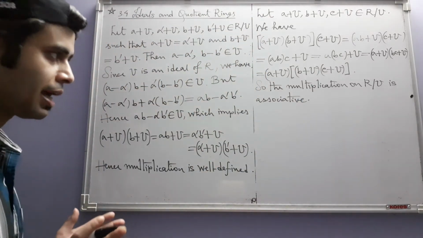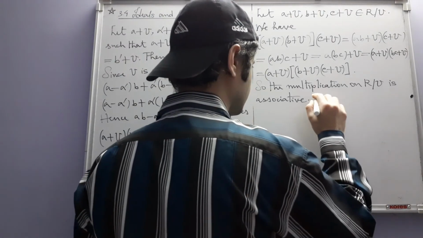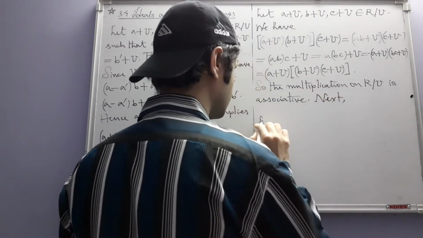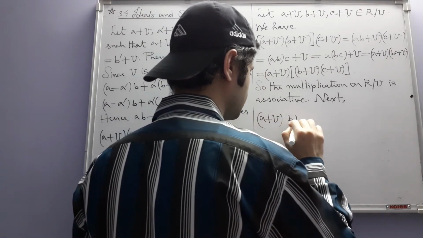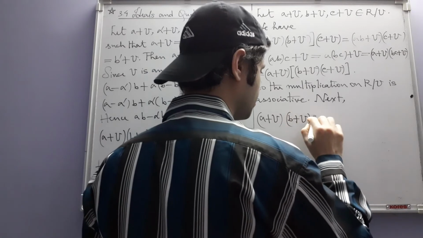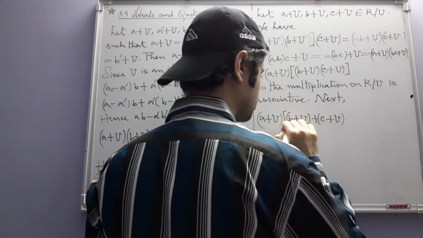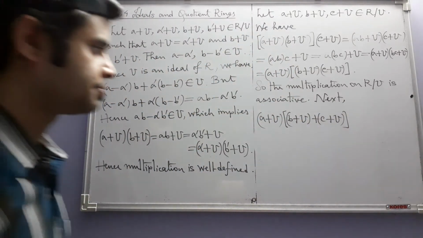Next, we verify the distributive laws. Take (a plus u) times ((b plus u) plus (c plus u)). Here we are attempting to verify the left distributive law.